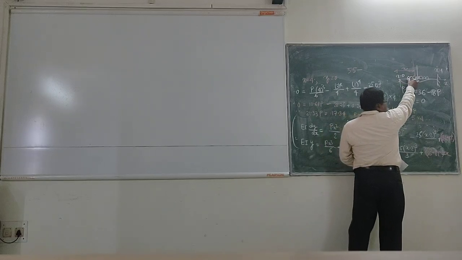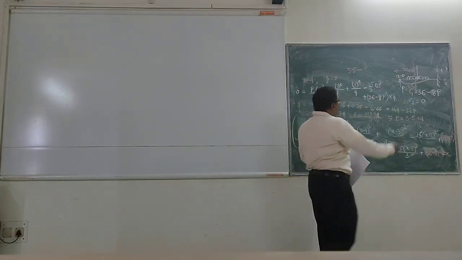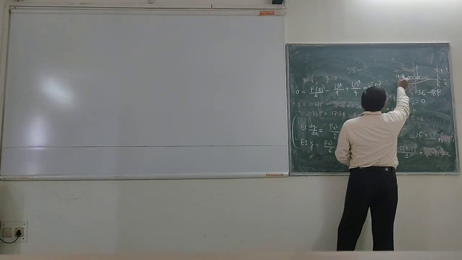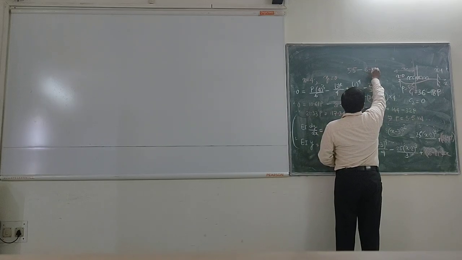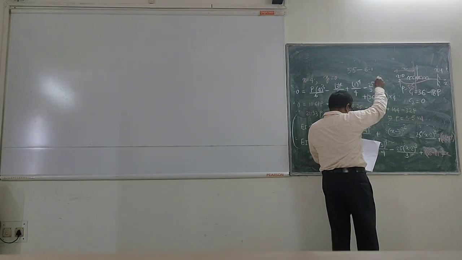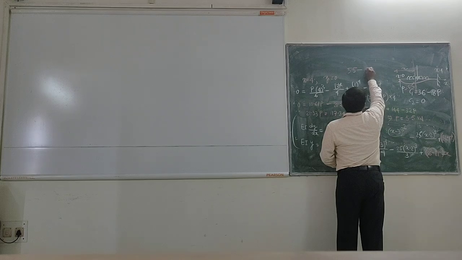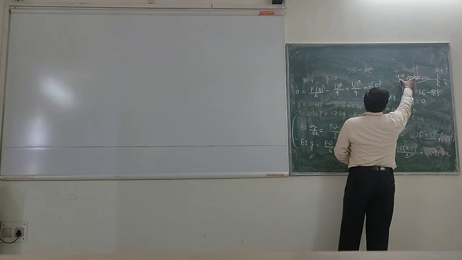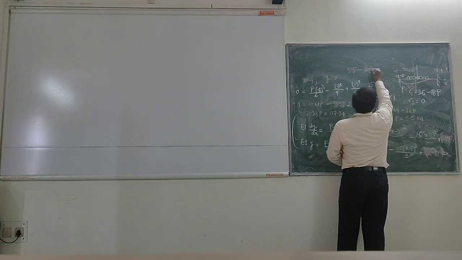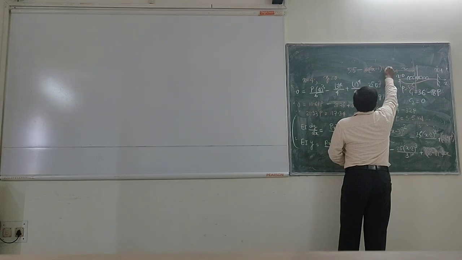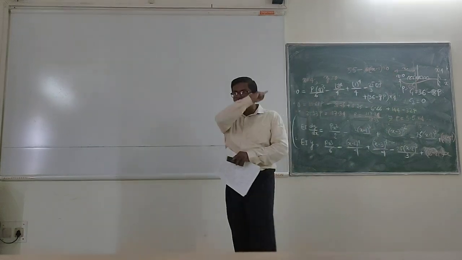This is actually 6 kilonewton per meter, and the distance from here is 1 meter. So this will be 6 into (x minus 1). For maximum bending moment, this will be the formula.